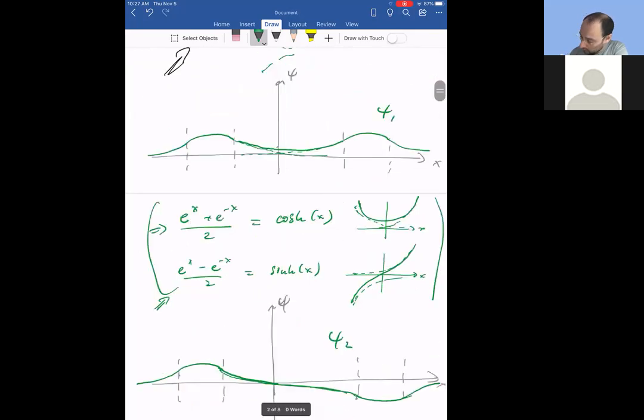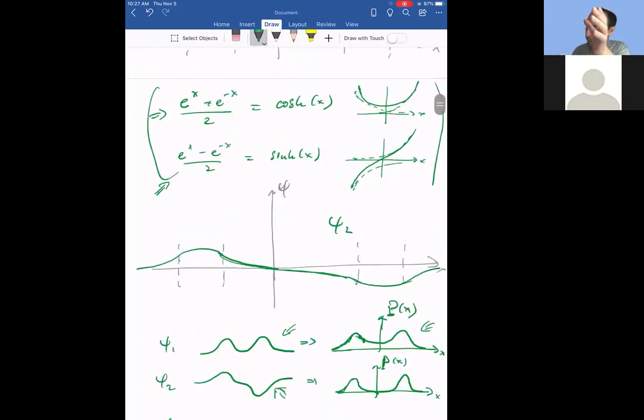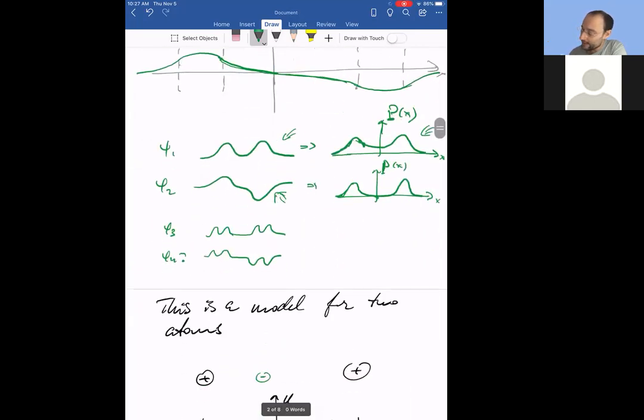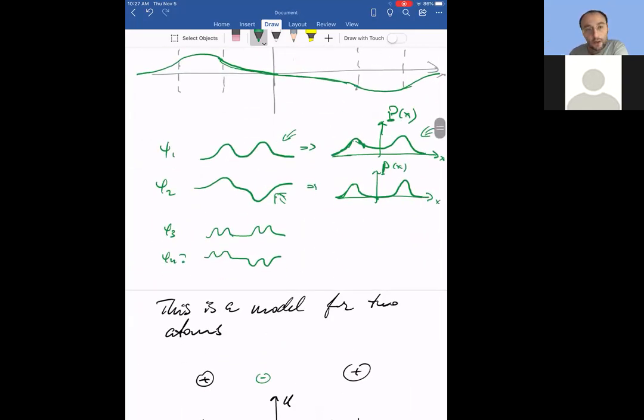And so when A is much, much larger than 1 over kappa, much larger than the penetration depth, the energy of psi 1 and psi 2 would be the same. But when you bring the wells close enough, or when you bring the atoms close enough, that individual wave functions begin to overlap, the energies would not be the same.